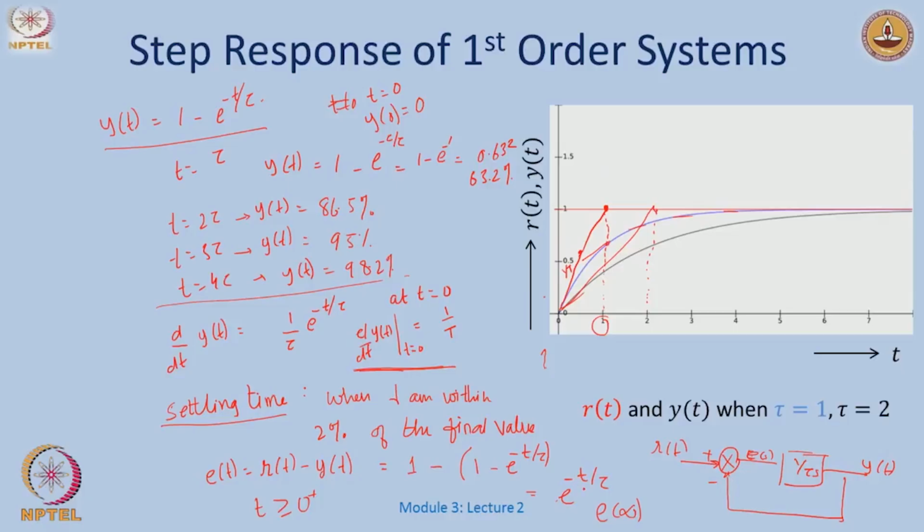As t goes to infinity, this term goes to 0, which means the error at infinity is 0. So if E of infinity is 0, from this expression I can say that r at infinity equals y at infinity, and this is exactly what is happening here, right. At infinity both signals become the same, so I can say my system asymptotically tracks a unit step. No matter what the value of the time constant is, this one is a little slower, but it is here.